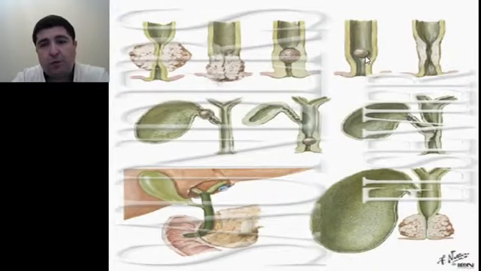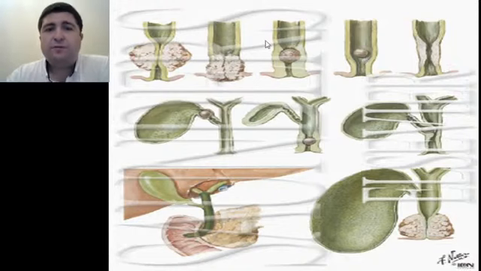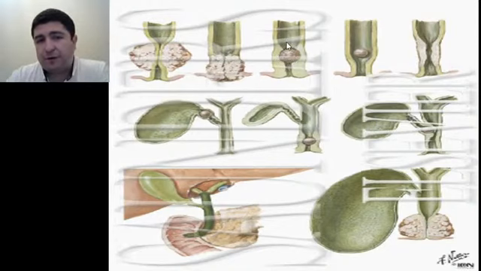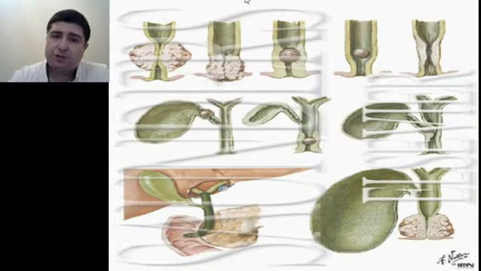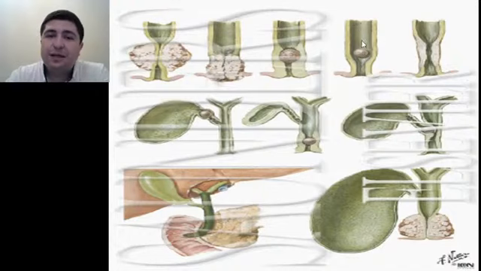Also one of all the causes of mechanical jaundice. For example, on this picture, you see total blockage of the common bile duct by a stone and inflammation around. Here you can see a stone, but without inflammation, and you can see that here it's not total blockage.